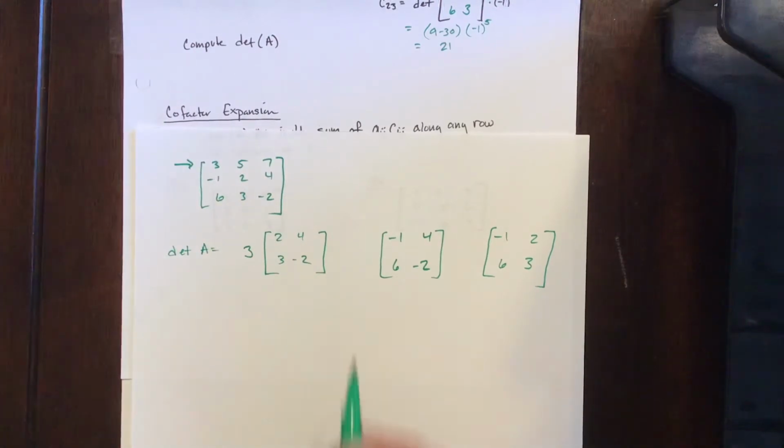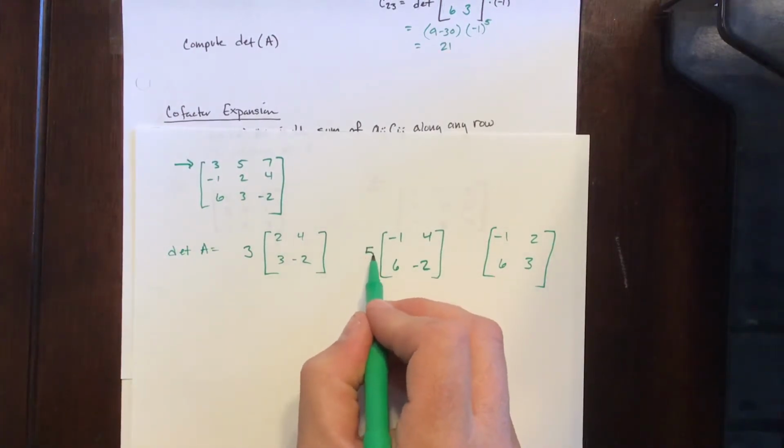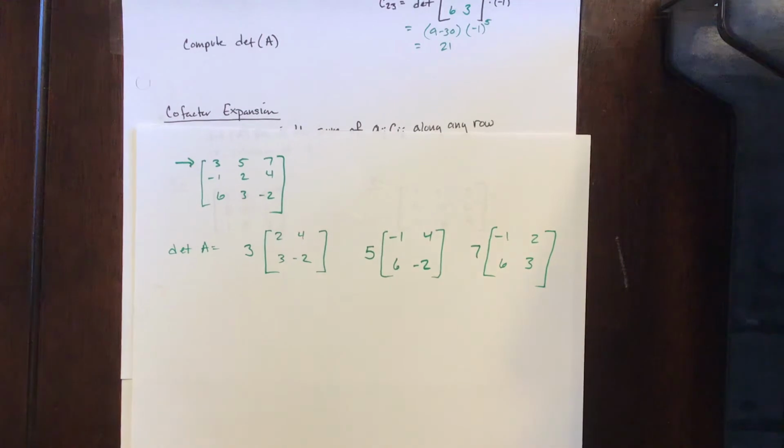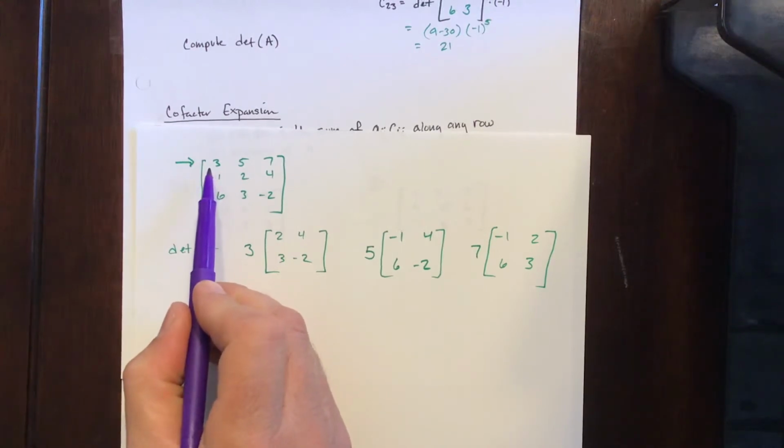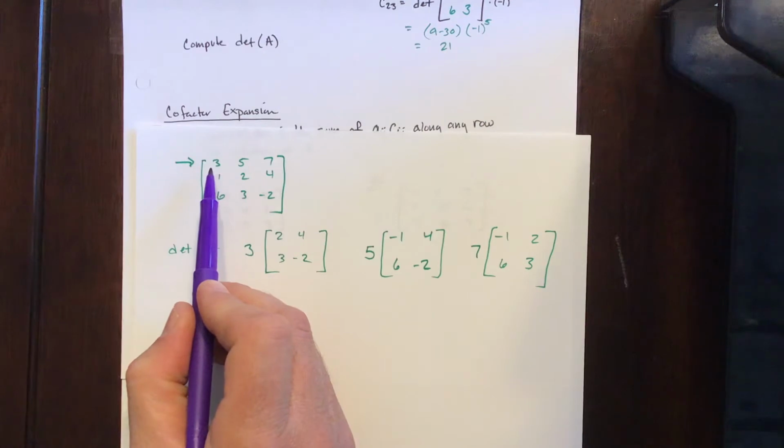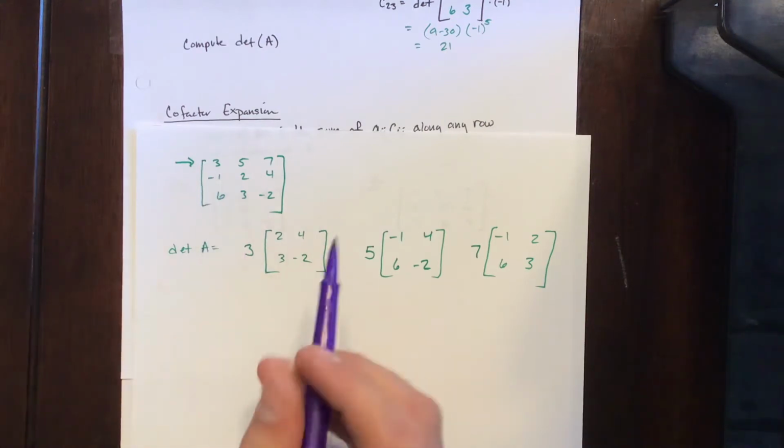Now, take the coefficients 3, 5, and 7 and multiply them by the determinants, and the last thing you have to do is write the plus or minus. This is row 1, column 1, so this would be negative 1 to the 1 plus 1 power.